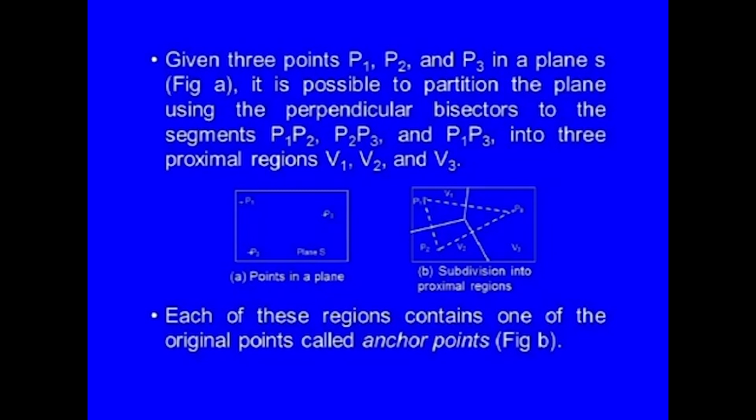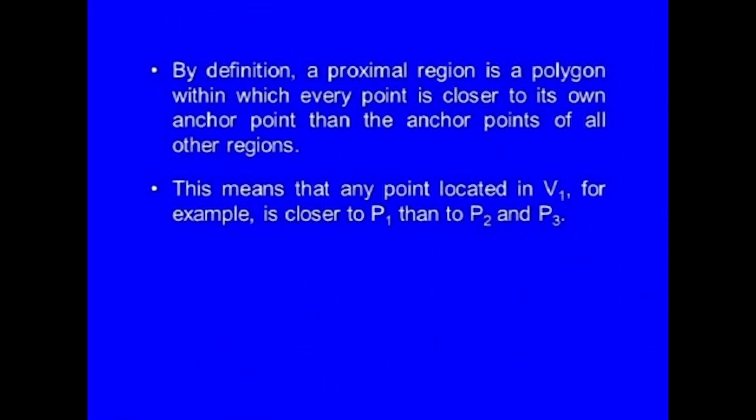Each of these regions contains one of the original points, called the anchor point, as shown in figure B. By definition, a proximal region is a polygon within which every point is closer to its own anchor point than the anchor points of all other regions. This means that any point located in V1, for example, is closer to P1 than to P2 or P3.